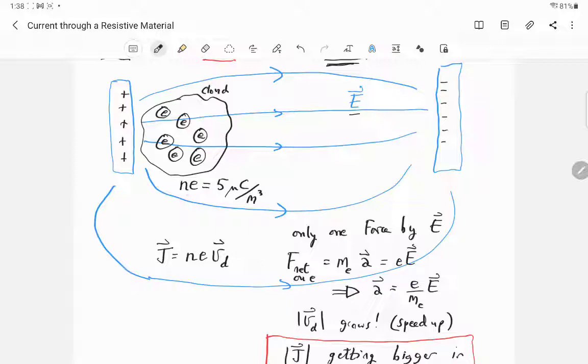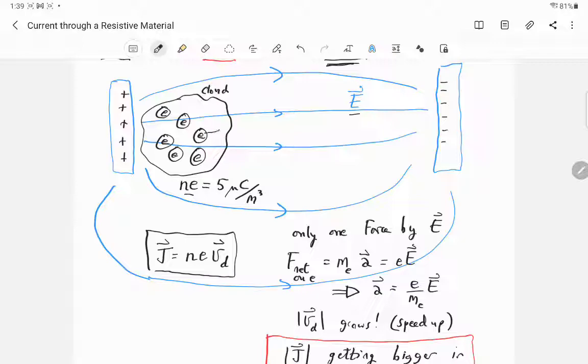The reason I wanted to use this is because in one of the previous videos, I told you how to model the relationship of a current density in terms of a charge carrier density multiplied by what's called a drift velocity, where the drift velocity is the velocity of each of these little charges.